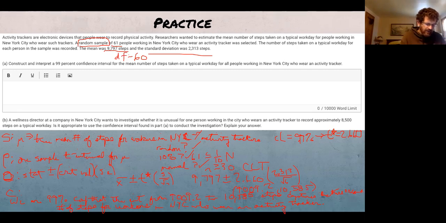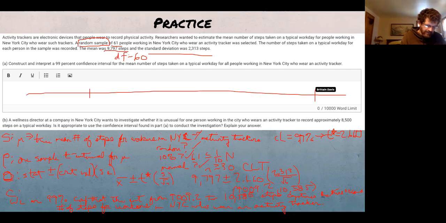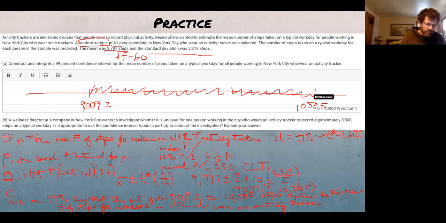I'm going to imagine this as a number line, right? So I've got a number line, I've got 9,009.2, and then 10,585 up here. So what I'm saying is somewhere in this interval, I'm not saying anything about an individual person.